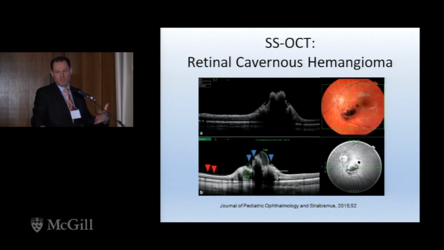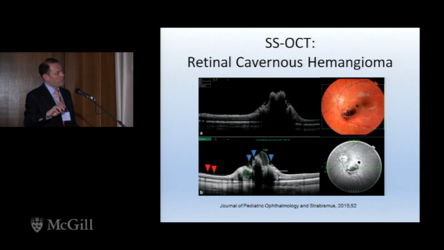Now, to say swept source is only good for the choroid is not true. It's very good also for retinal lesions as well. In this case, a retinal cavernous hemangioma, which on normal spectral domain OCT is pretty blurred and doesn't really provide much definition, is a much different picture when one uses swept source. So, as you know, these are blood-filled saccules within these hemangiomas. These obscure light, they obscure lower wavelengths of light.